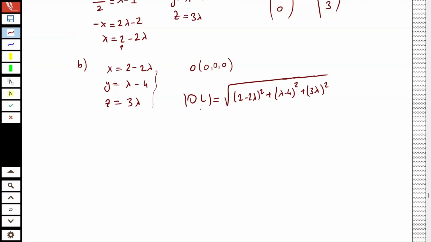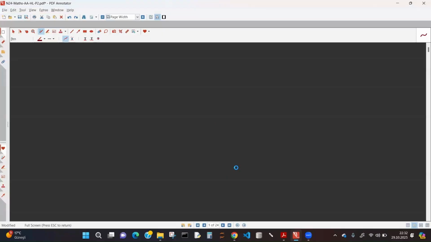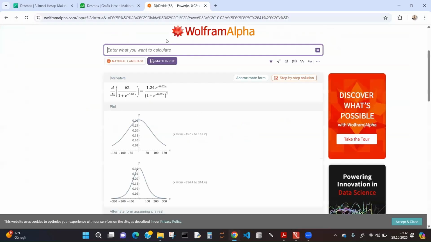We are looking for the minimum value of this function, and we can simplify it, but you don't need to write it like this. You can also draw the graph.